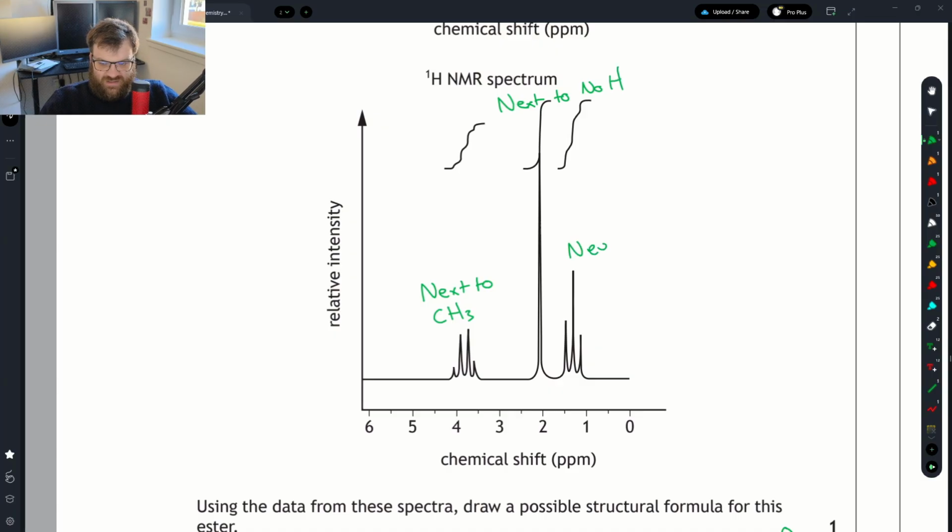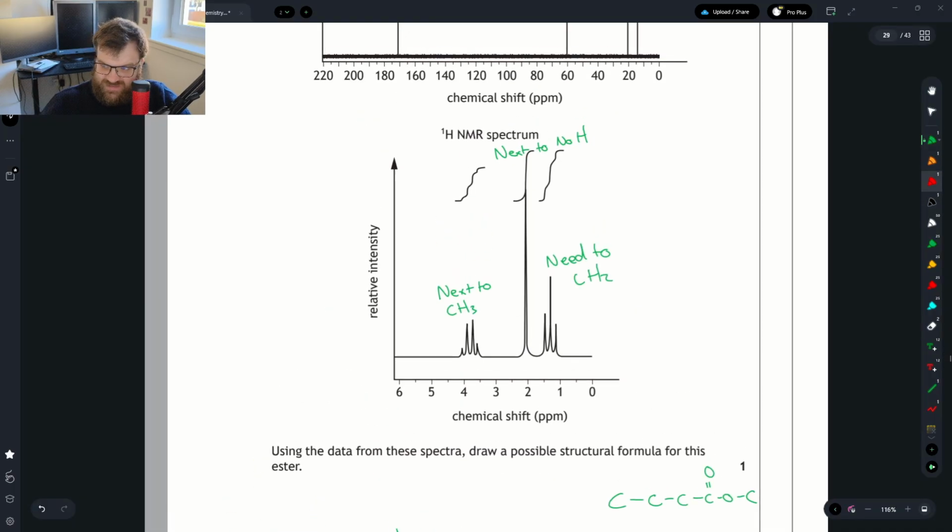And then here, this will be next to a CH2. Next we need to look at the relative intensities. If we look up at the pictures, they're showing that the 2 on the right have the same number of hydrogens in them because they're the same height. So I would suggest that those both would be the CH3s, and then this one would be the CH2, because the relative intensity is lower.